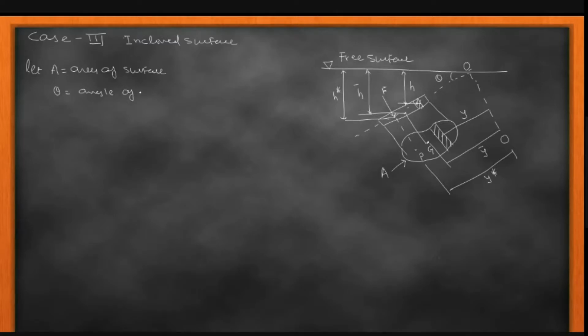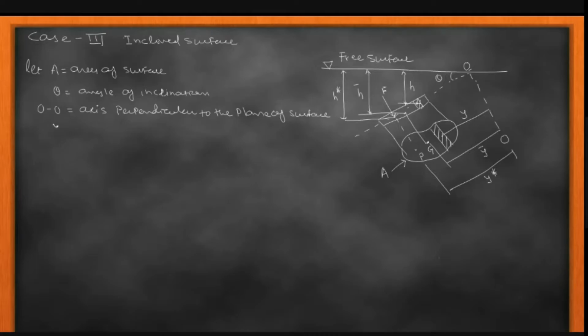Then OO dash, or OO, is the axis perpendicular to the plane of the surface.